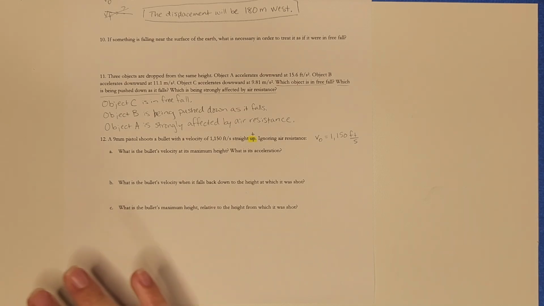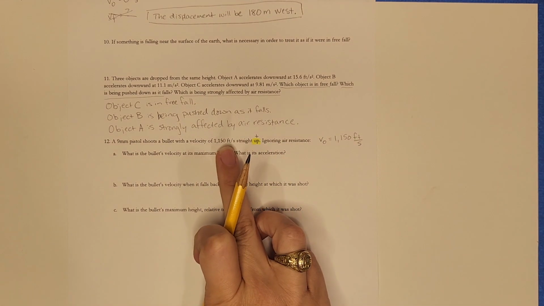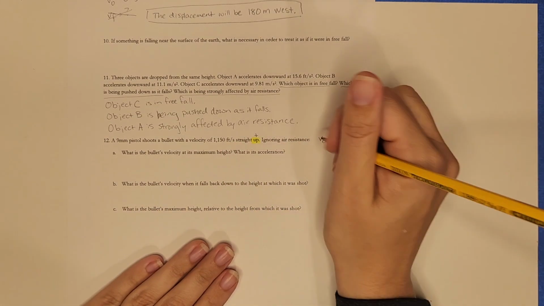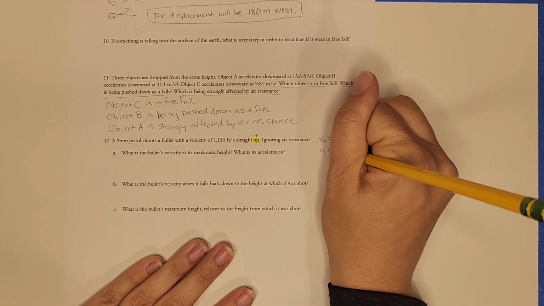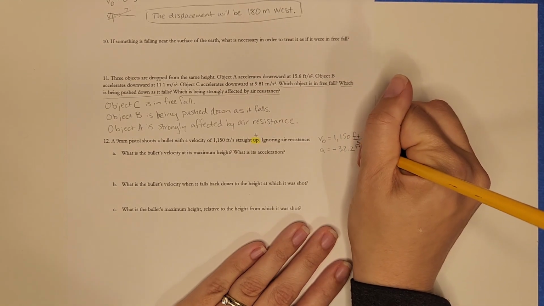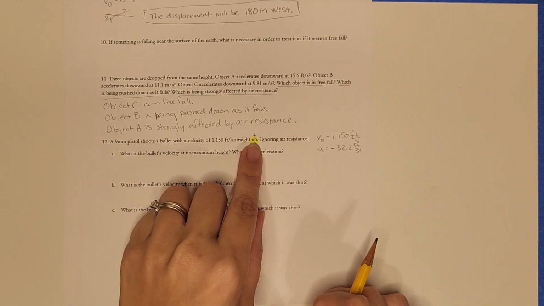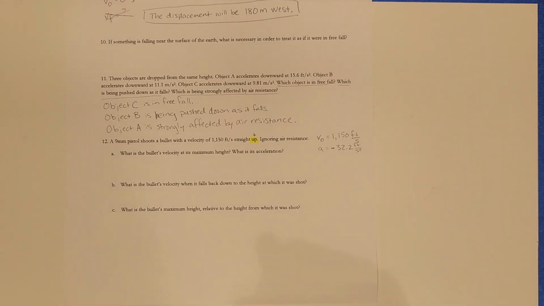We know the acceleration because we are just dealing with gravity here. We're going to put this in English units because that is what our velocity is given in. So our acceleration equals negative 32.2 feet per second squared. The reason this is negative is because we defined up as positive, and the acceleration due to gravity is always going down. So we're going to assign it a negative value.